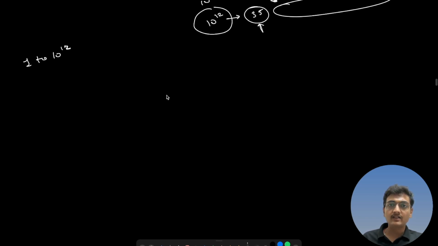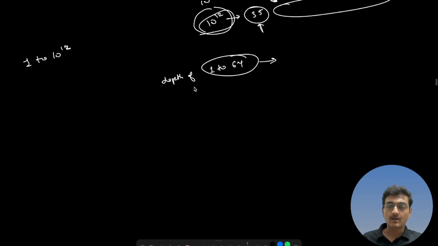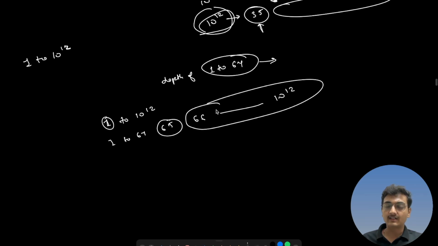So what we'll be doing is pre-computing the depth of 1 to 64, and that will help me quickly get the answer for any number. Now if I go from 1 to, say, 10 to the power 12, the values from 1 to 64 are memoized. From 65, 66, and so on till 10 to the power 12, I will not go one by one like this.